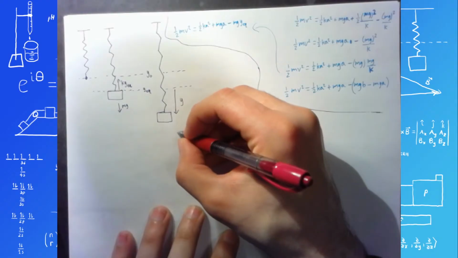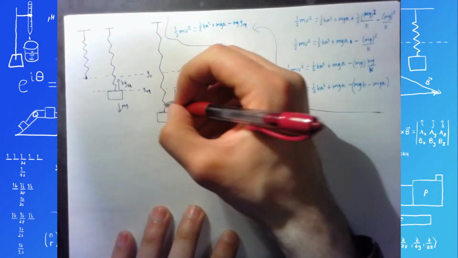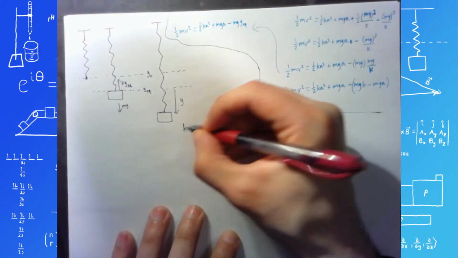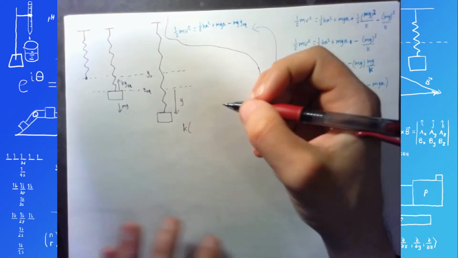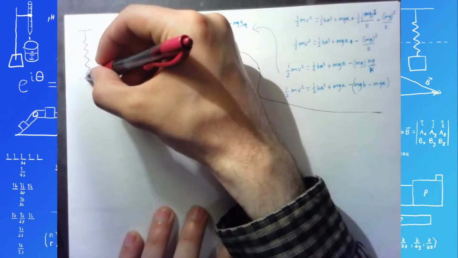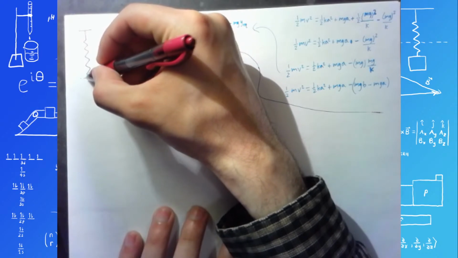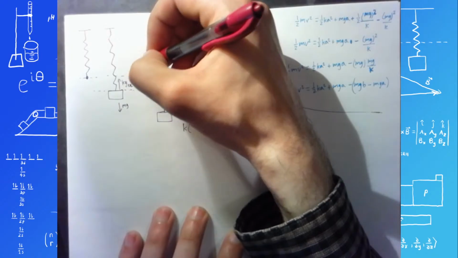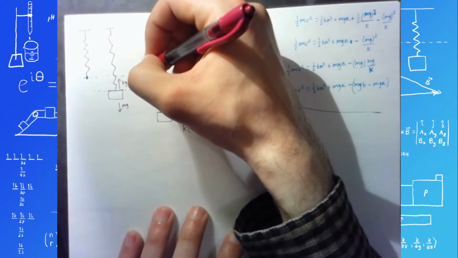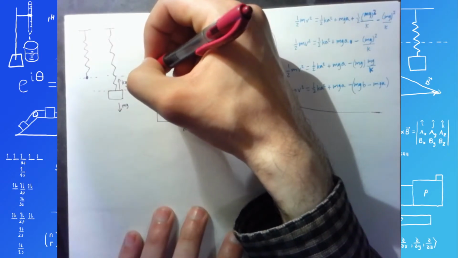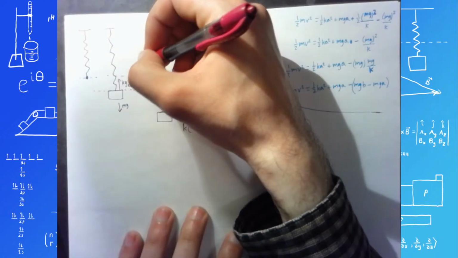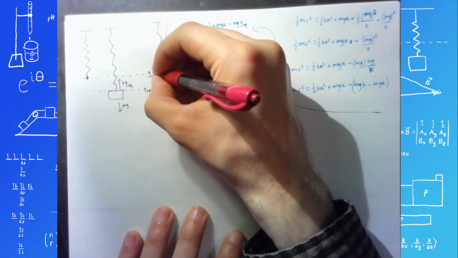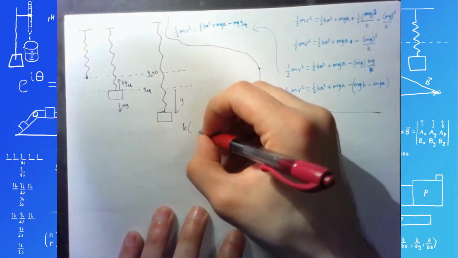So the net force on this thing would be a spring force of k times, well, the spring force would be measured starting from the original length of the spring, so it would be k times the distance from y0 to y equilibrium. I guess I would just call this 0.